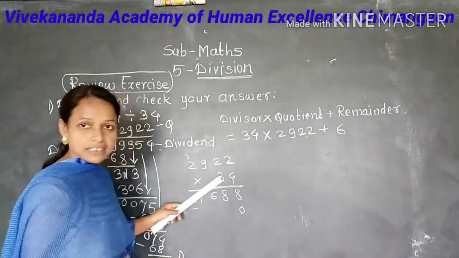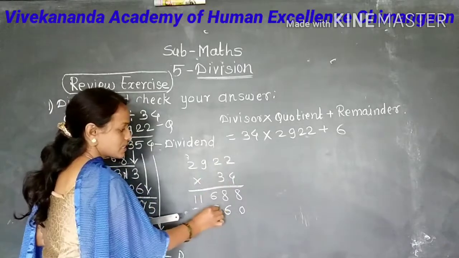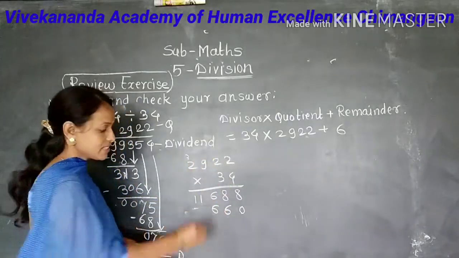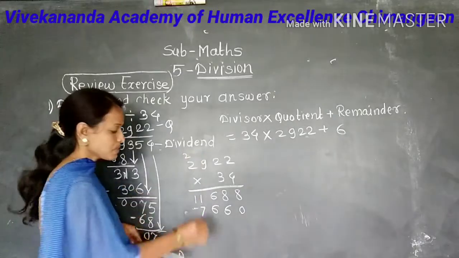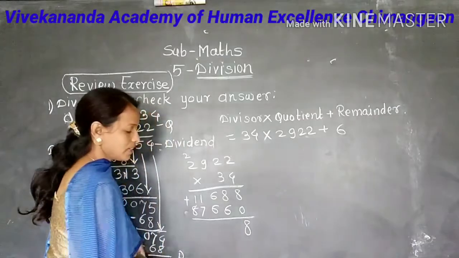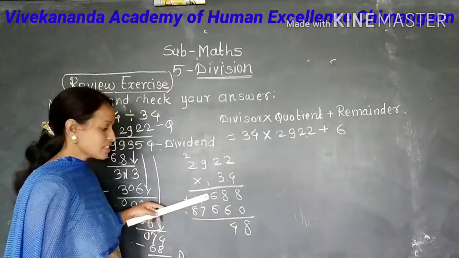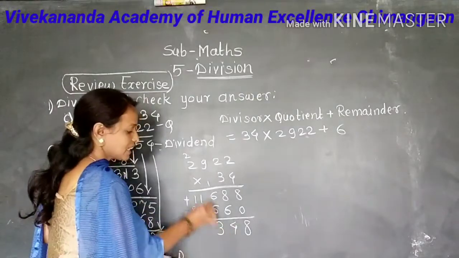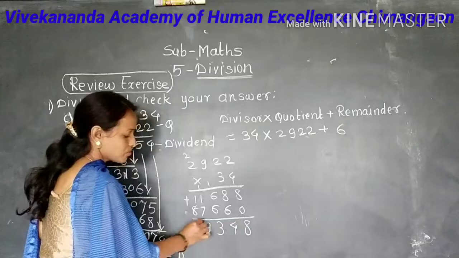Now multiply by 30. 3 2s are 6, 3 2s are 6, 3 9s are 27, 7 carry over 2, 3 2s are 6, 6 plus 2, 8. Now add 8 plus 0, 8, 8 plus 6, 14, 4 carry over 1, 6 plus 6, 12, 12 plus 1, 13, 3 carry over 1, 7 plus 1 plus 1, 9, 8 plus 1, 9.